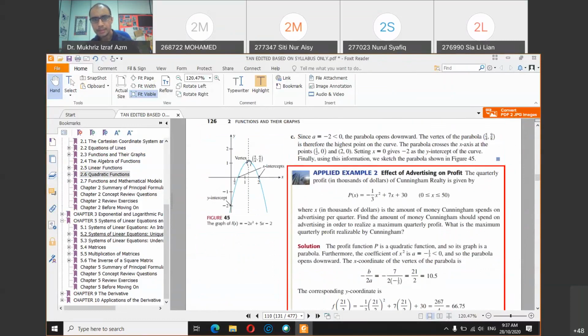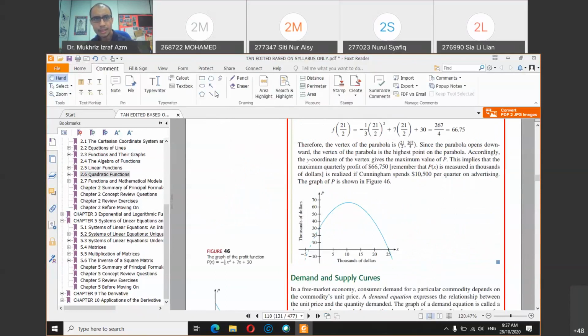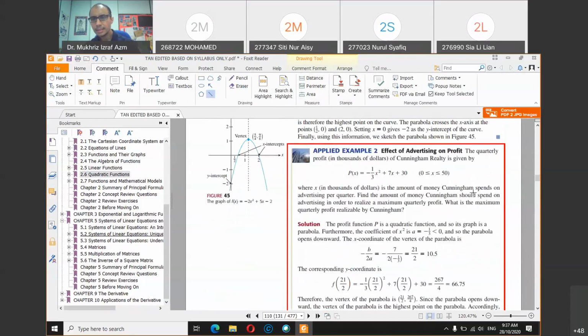So 10.5 is the value of x. If you were to draw a line here, this point should be 10.5, the one that you see here.